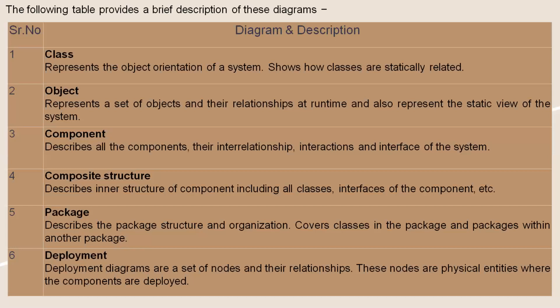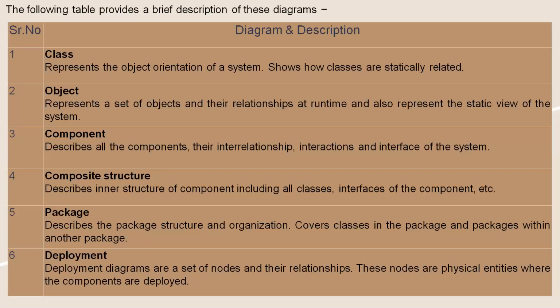Next one is the composite structure. It describes the inner structure of a component, including all classes and interfaces of the component. Now the package diagram describes the package structures and organization, and covers classes in the package and packages within another package.